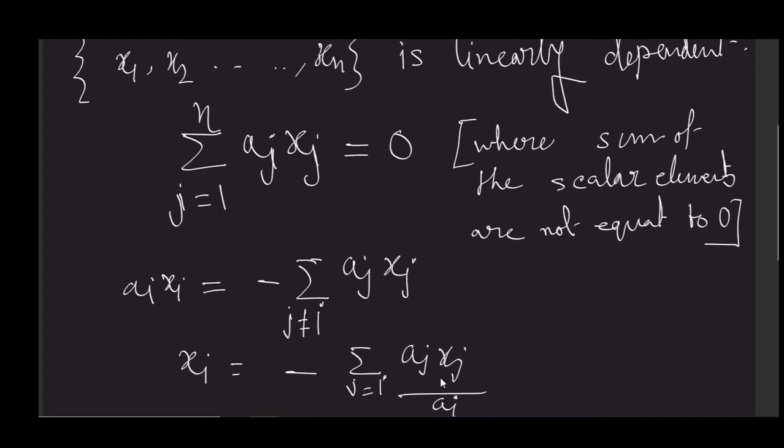Now, if we can find a finite capital N that indicates the degree of freedom or dimension of the vector space, then we will call this vector space a finite dimension vector space.